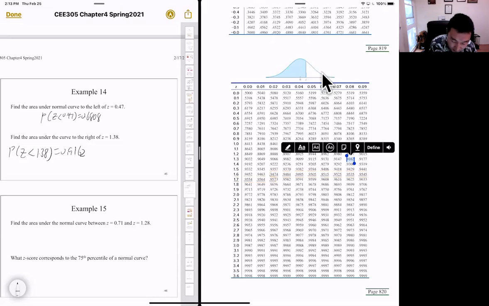The question is asking for the right of z, so we use 1 minus that value. Don't forget that part.